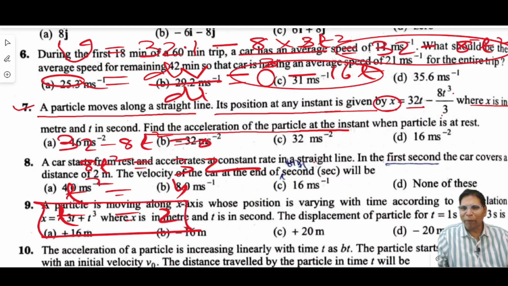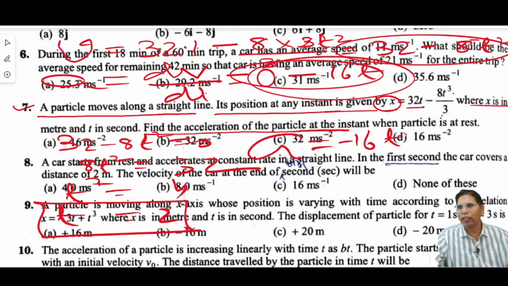Now we calculate the acceleration at t equals 2 seconds. Acceleration a equals minus 16t, so minus 16 into 2, that is minus 32 meter per second square. Option B is correct.